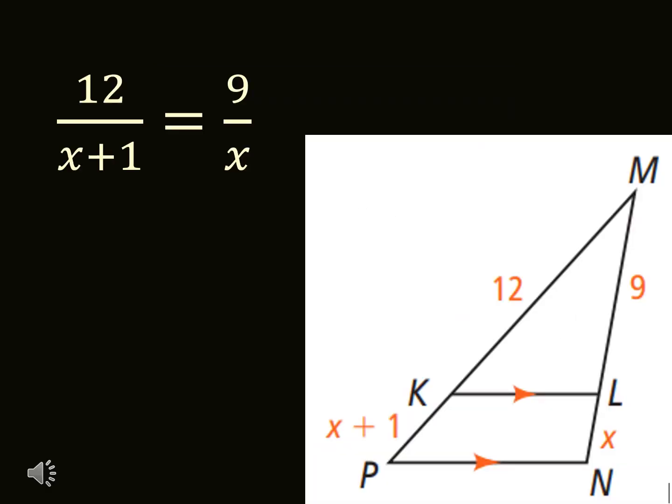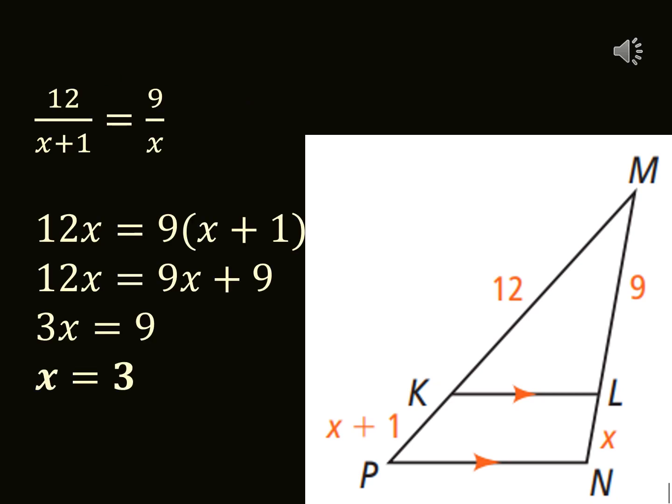And really, all we do is make a proportion where we get the fractions with what's on the left side and what's on the right side. So 12 over x plus 1 equals 9 over x. We're just going to cross multiply to figure out what x is.